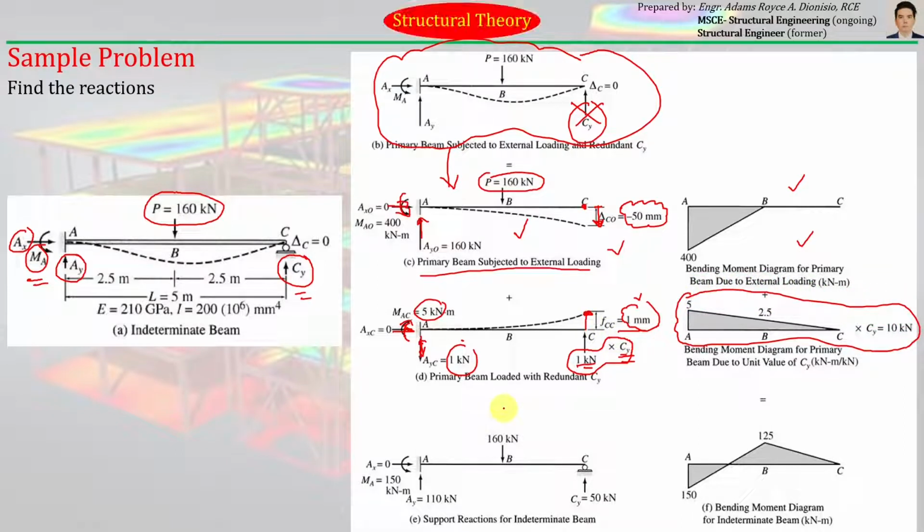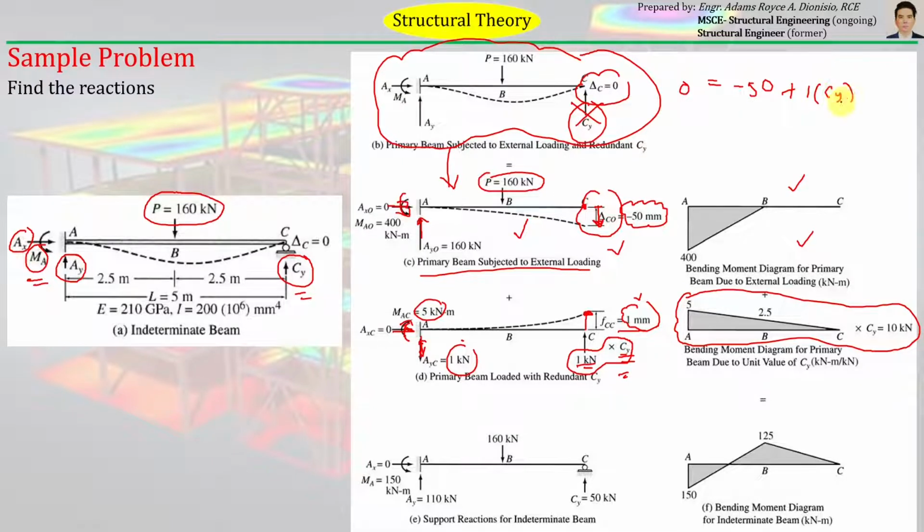Okay, so again, with respect to the method of consistent deformation or force method, the actual deflection, which is equal to 0, must be equal to the deflection of the primary beam, which is equal to negative 50, and the deflection of the beam subjected to the redundant force, which is just equal to 1 times CY.